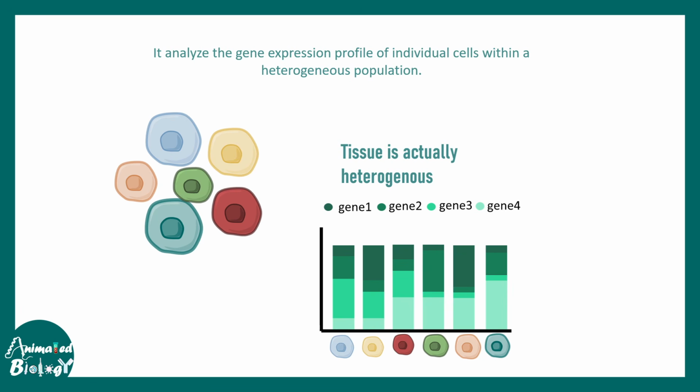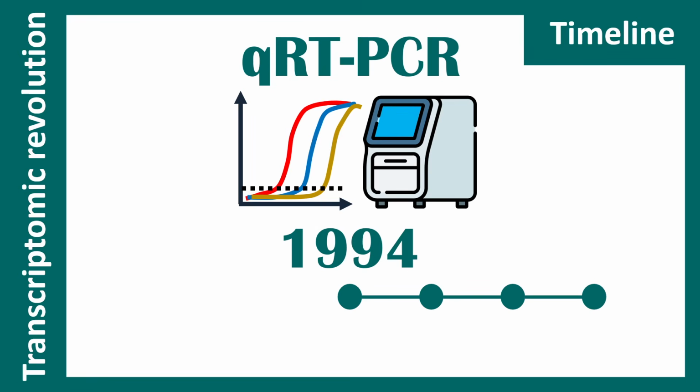So this kind of intrinsic variability of gene expression, or unique profile of gene expression, can be explored using a technique like single-cell RNA sequencing. Before we delve into details, we should understand that this technique evolved gradually. Initially, qPCR was one of the important techniques to look at many genes at a time.